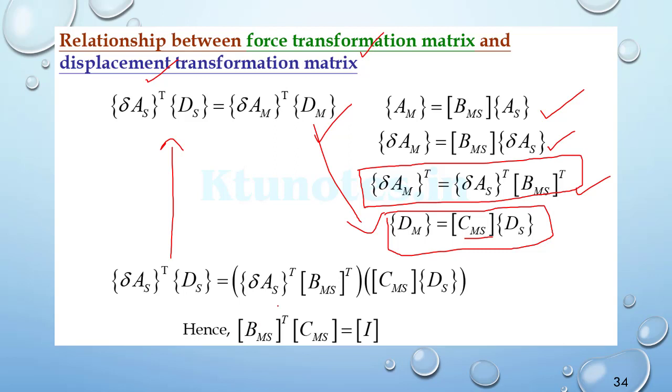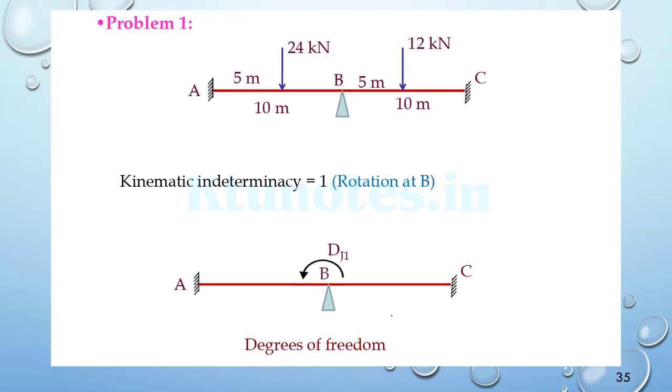Hence, on cancelling values, DS also gets cancelled, and the left side will be 1. BMS transpose into CMS will be an identity matrix. This is the relation between the force transformation matrix and the displacement transformation matrix. Problems we'll discuss in the next slide.